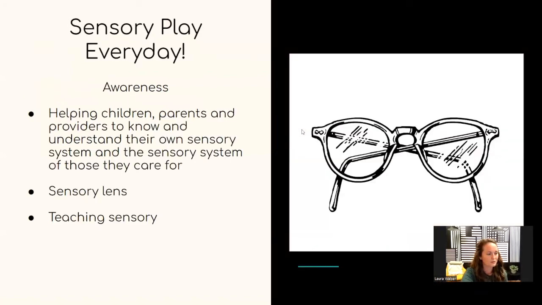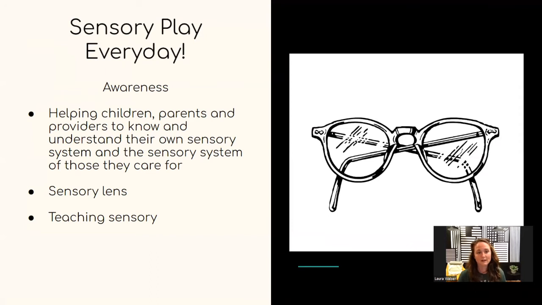So we are going to start with awareness, because I think that's really the first step in becoming a sensory friendly provider. When we better understand our own sensory profiles and sensory needs, we can begin to better understand the sensory profiles and needs of those around us as well.